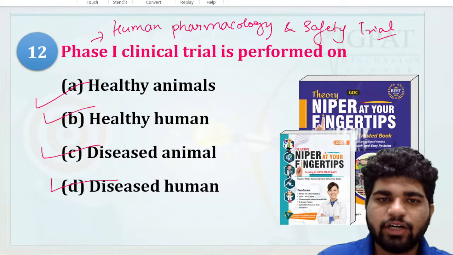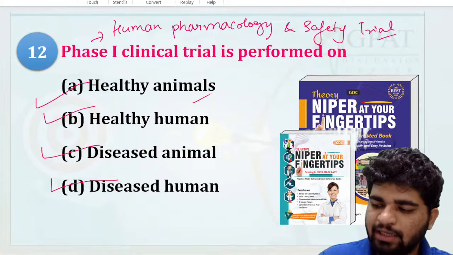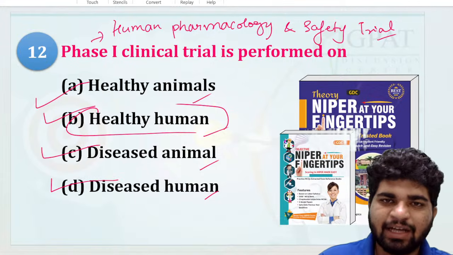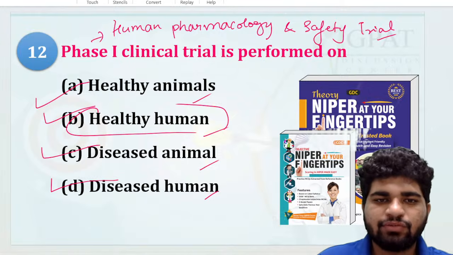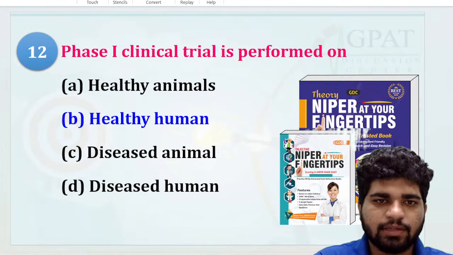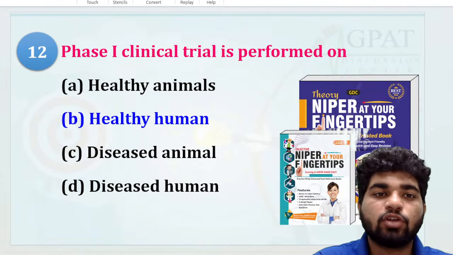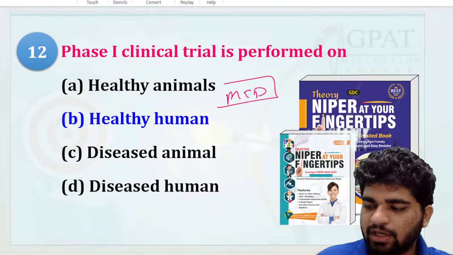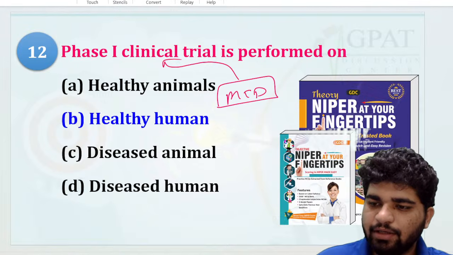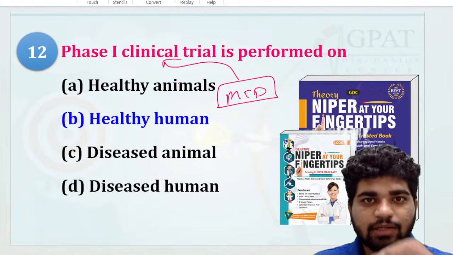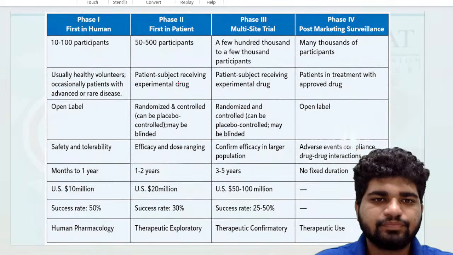So obviously it would be on healthy humans. Maximum 20 to 30 individuals are taken in a healthy manner. Also one more thing, maximum tolerable dose, MTD, can also be identified in phase 1 clinical trial. And that was your question of GPAT 2026, if you remember, right?